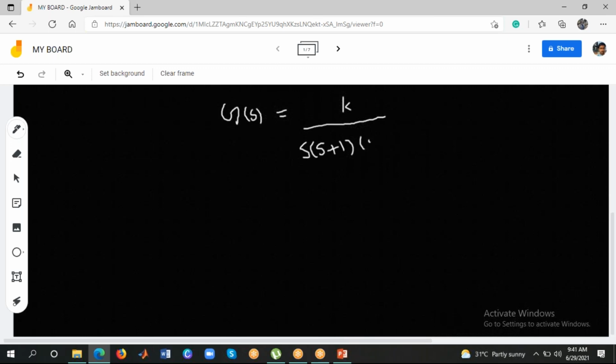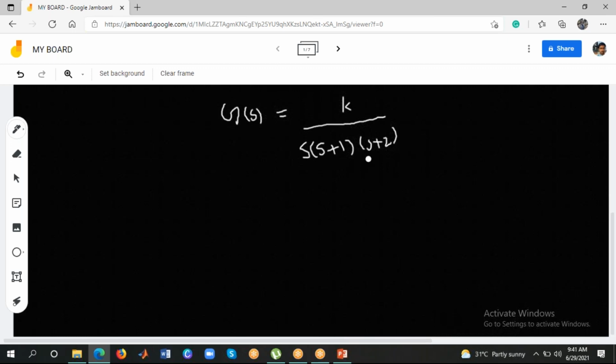So once again I am going to repeat the question. Determine the range of K for stability of a unity feedback system whose open loop transfer function is G of S equals to K divided by S into S plus 1 into S plus 2.